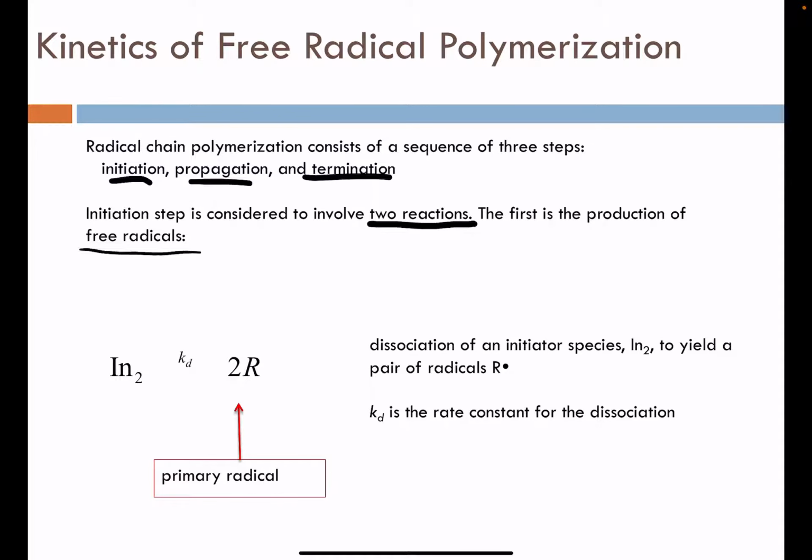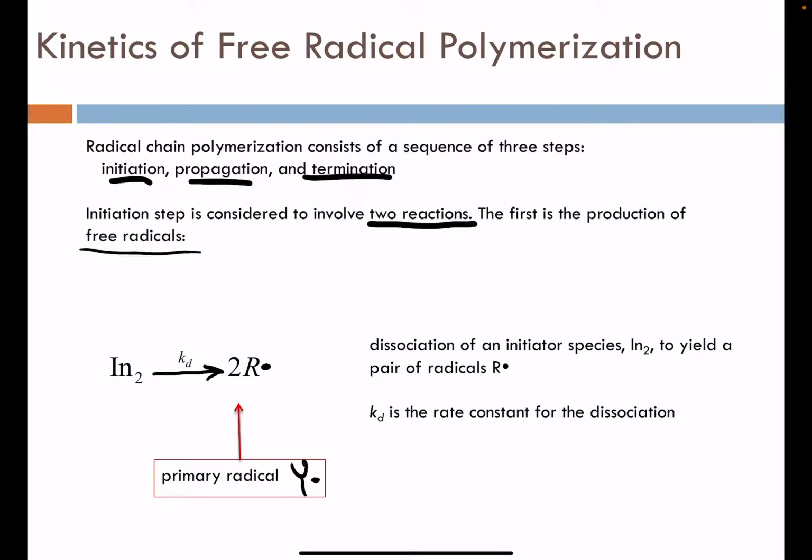Okay, so here, some initiator, abbreviated IN2, needs to break apart to give radicals like we saw on the previous slide. So here, IN2 dissociates into two radicals. This on the previous slide was called Y dot.